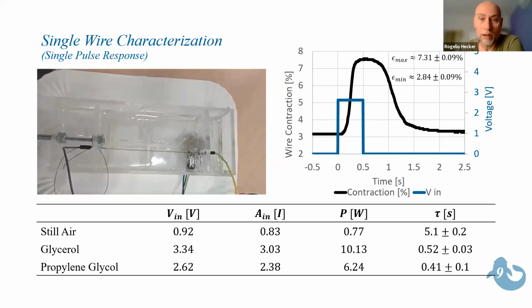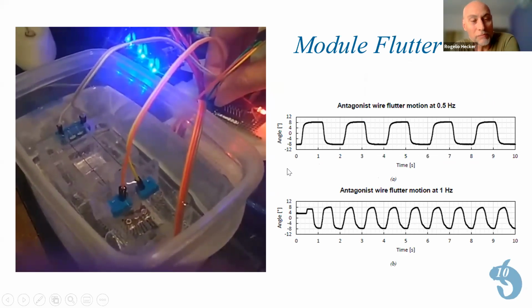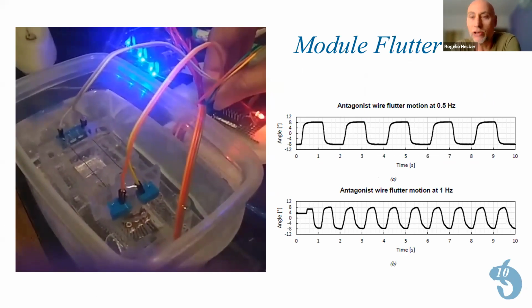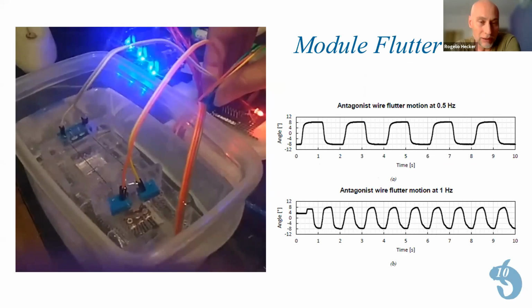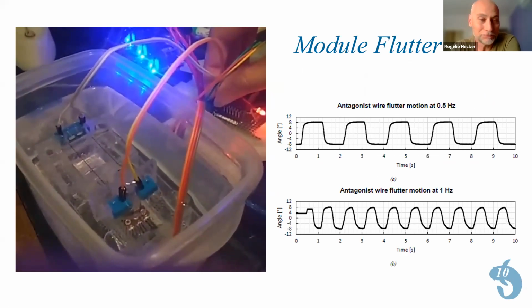Rogelio Ecker has another question. A question regarding the life of the material. I had a chance to make some experiment with antagonistic shape memory alloys some years ago, actually many years ago.